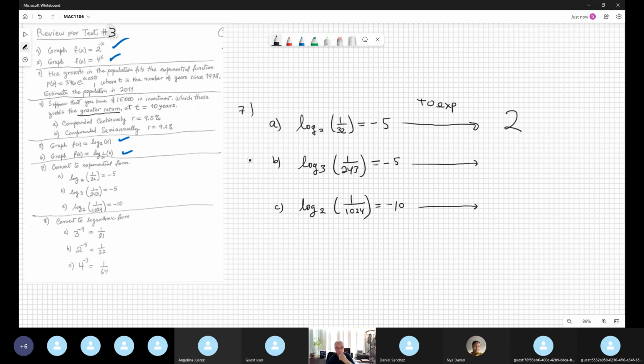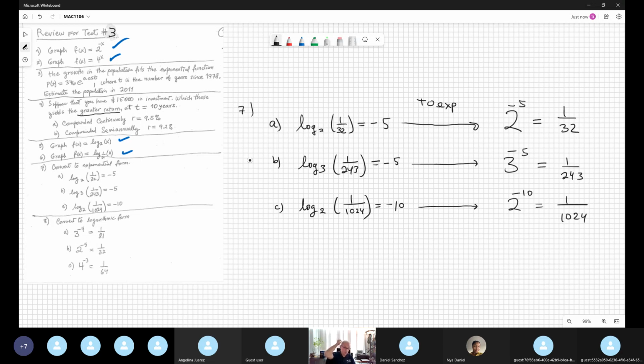It's the answer of the logarithm, negative 5. And what is the result? The result is the expression inside the parentheses, the argument of the logarithm: 1 over 32. Likewise, 3 raised to the negative 5 is equal to 1 over 243, and 2 raised to the negative 10 is equal to 1 over 1024. Boom. I did number 7, ABC.